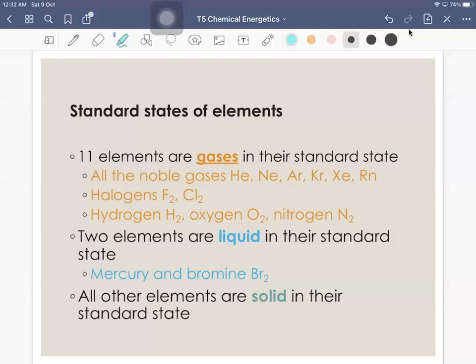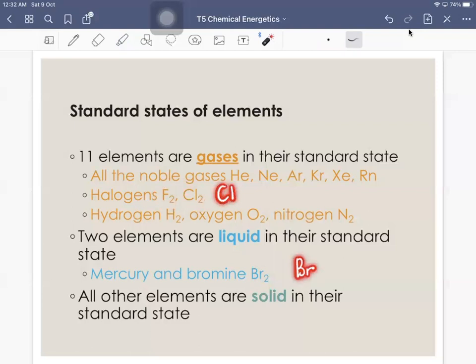Notice that when I talk about these diatomic molecules, they exist as 2 atoms. So be careful when you write down bromine as an element. Don't write it as Br or Cl.